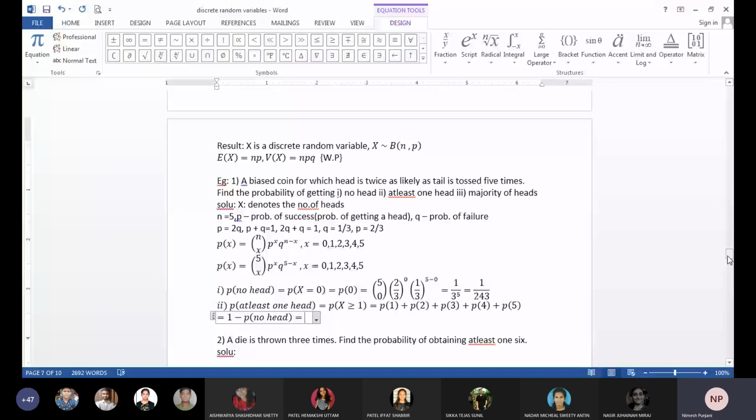That is 1 minus P of 0. We just calculated P of 0. So this answer will be 242 upon 243.